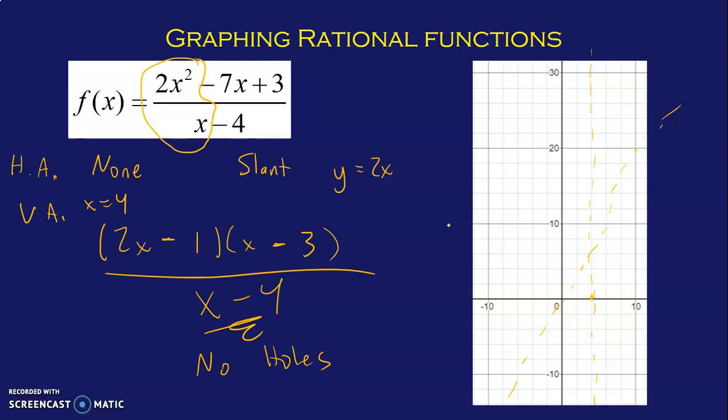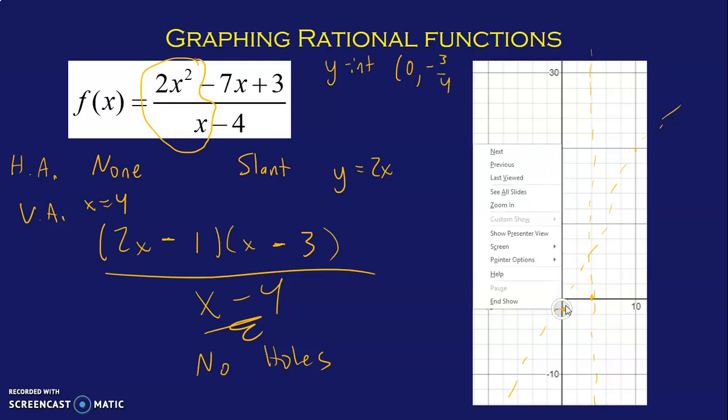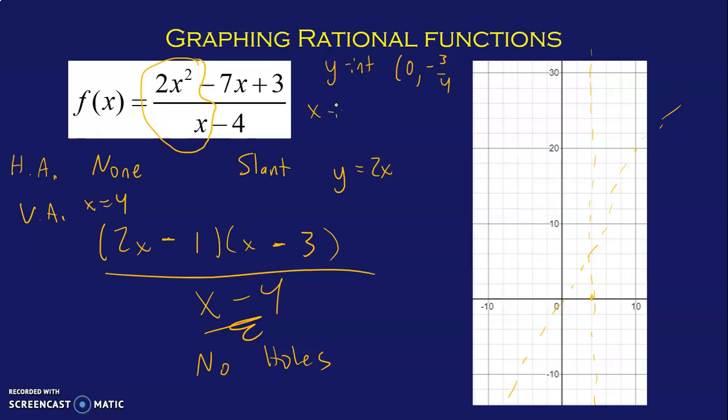And then to figure out where the rest of the graph goes, it's helpful to look at intercepts. So the y-intercept would happen when x is 0, which gives negative 3/4. And then the x-intercepts happen when y is 0.